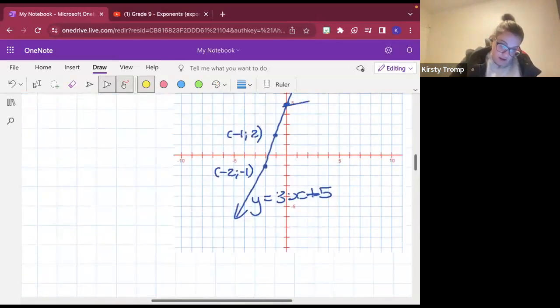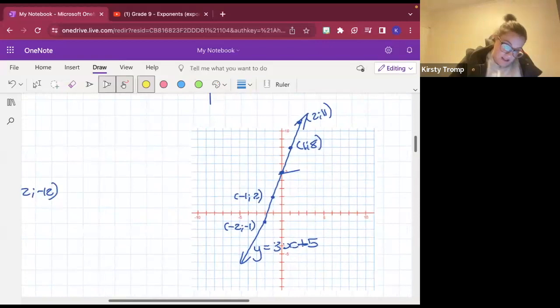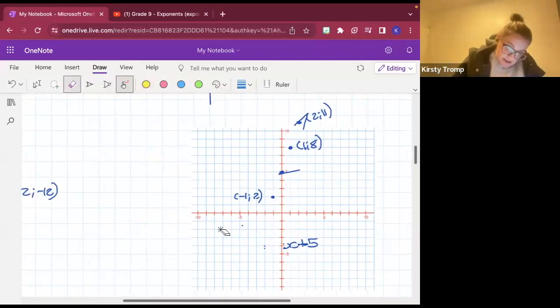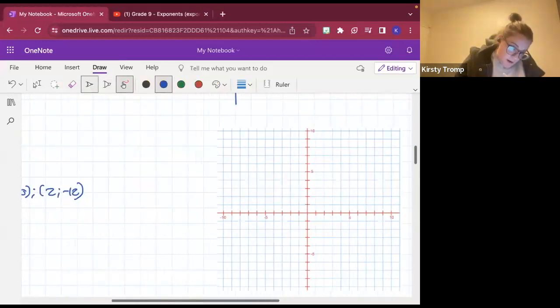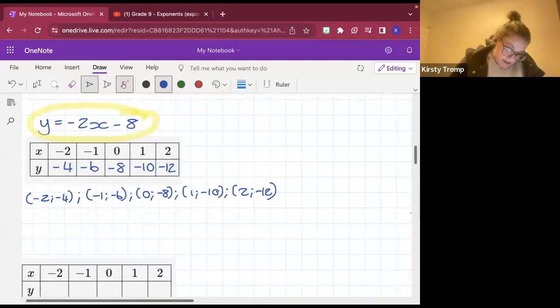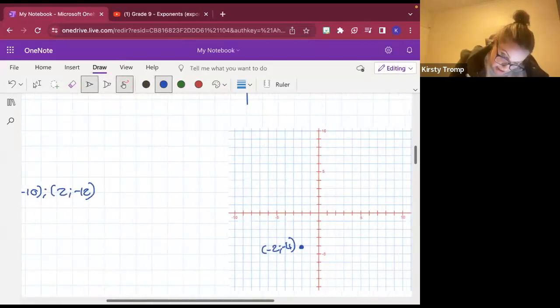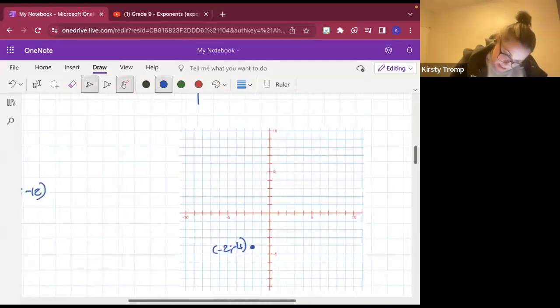Okay, so I've got -2 is to -4. Let's go and see if we've got another graph here. We do, but it's a little bit far down, so I'm going to do it on the same one that's over here. I'm going to plot that point first: -2 is to -4. Remember to draw your points in. My next one is -1 is to -6.